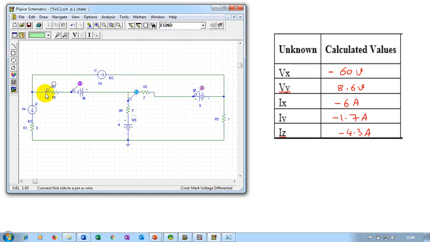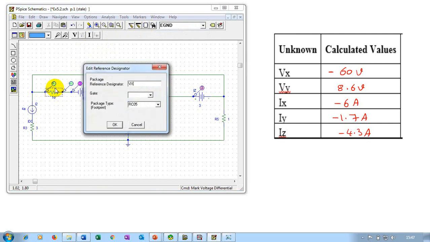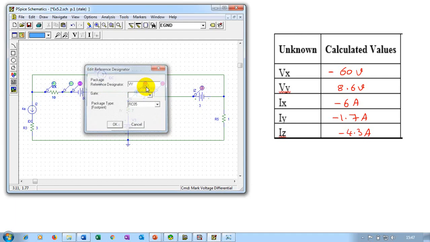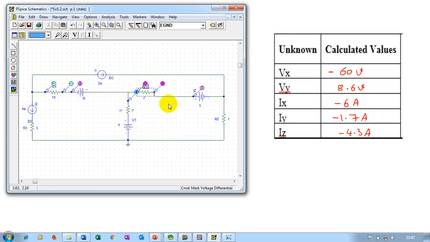Positive was at the left and negative at the right. Similarly, for the voltage across the 2 ohm, positive was at the right and negative at the left. Let us rename R1 as Vx and R2 as Vy. Now we have renamed as per our problem.